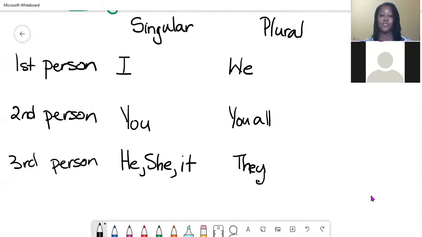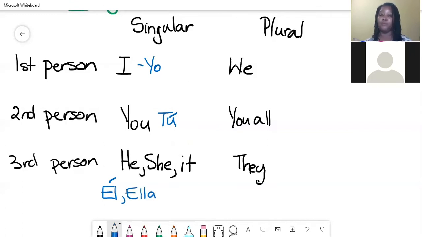So for your subject pronouns in Spanish, here's what's going to happen. The first person singular is going to be called yo. The second person singular is going to be called tú, and there's an accent on that tú. The third person singular is going to be called él for he, ella for she.